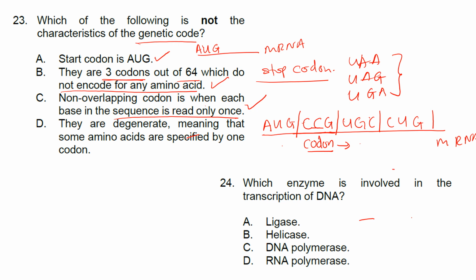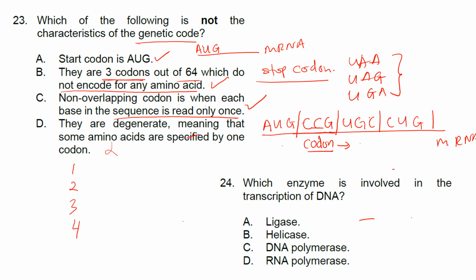D, they are degenerate, meaning that some amino acids are specified by one codon. This statement is incorrect because some amino acids can be coded by one codon, some by 2 codons, some by 3 codons, and some amino acids can also be coded by 4 codons.